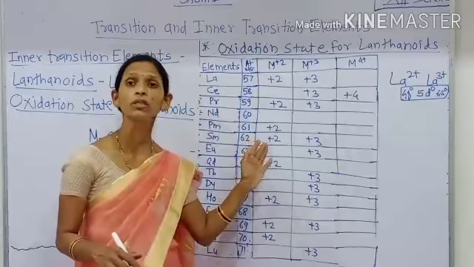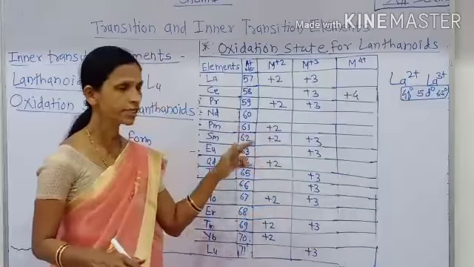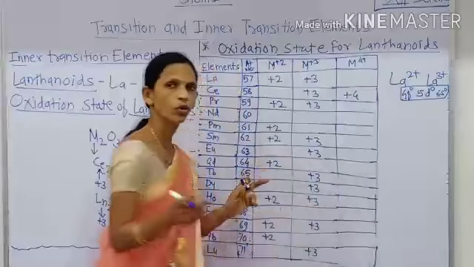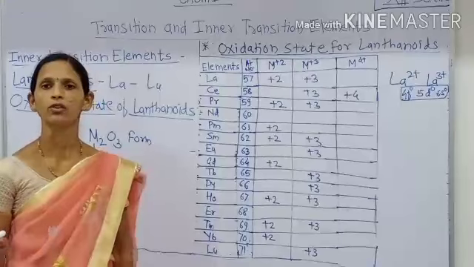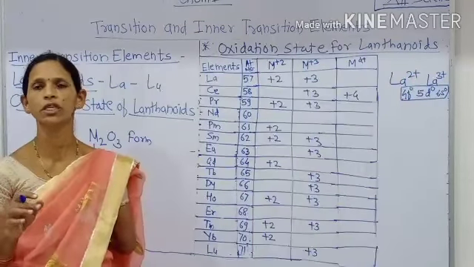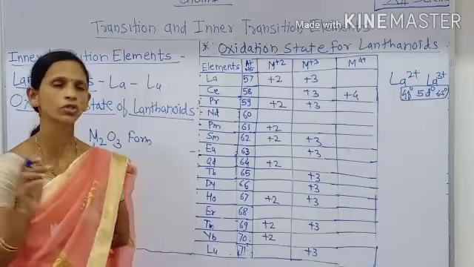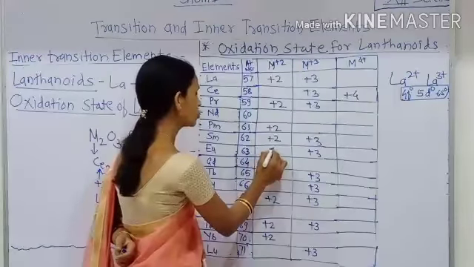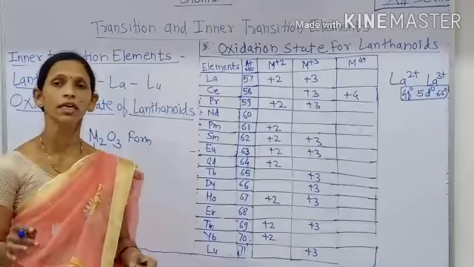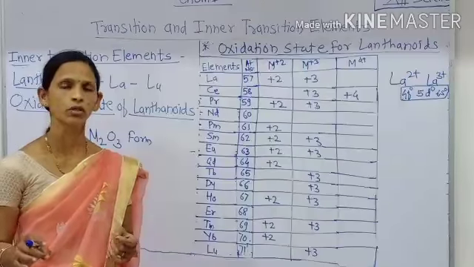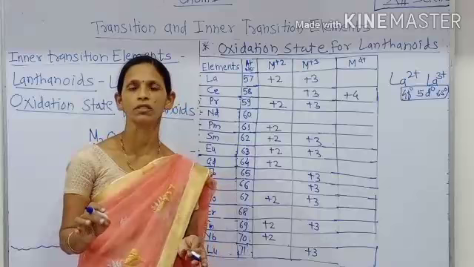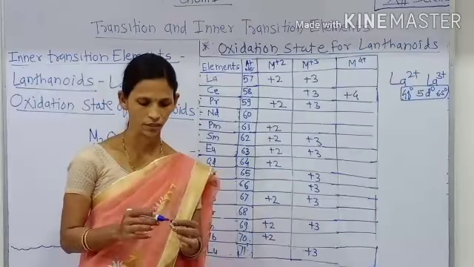Europium also shows the +3 oxidation state, but +2 is the most stable oxidation state shown by europium, as well as by ytterbium.